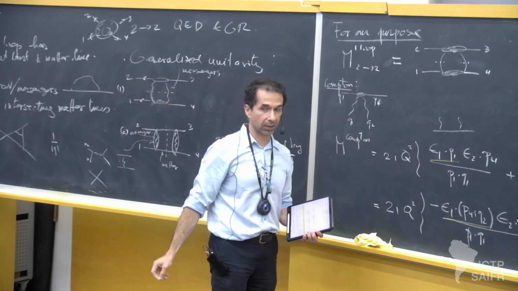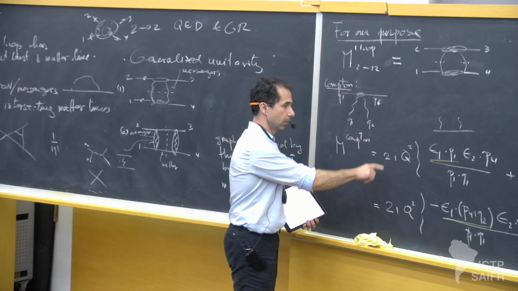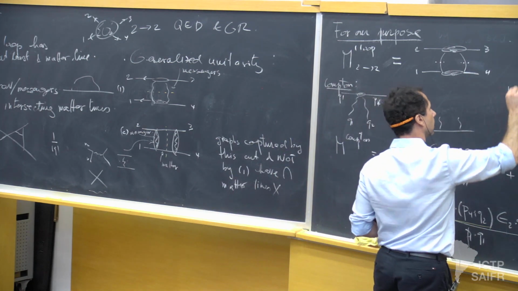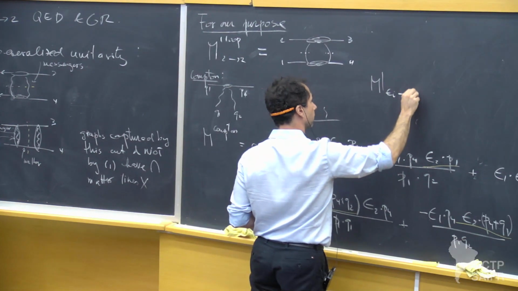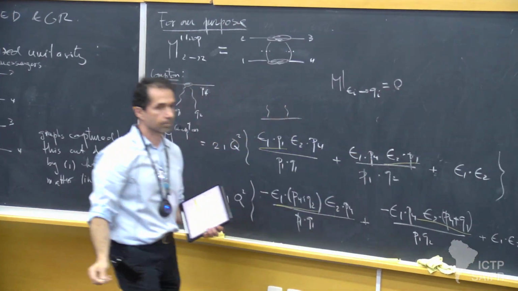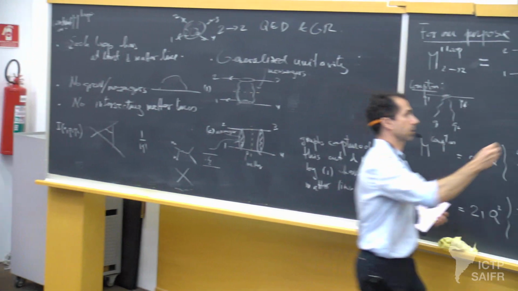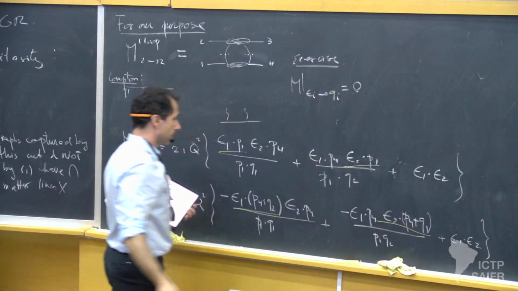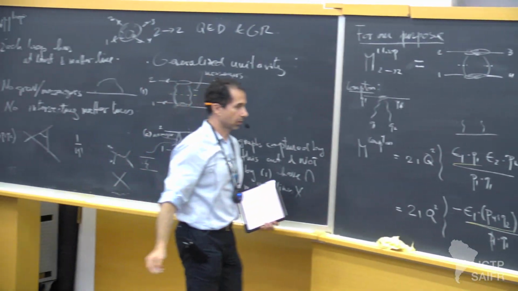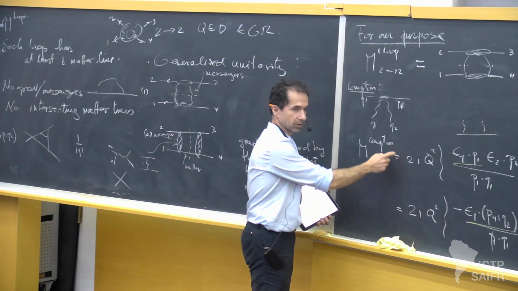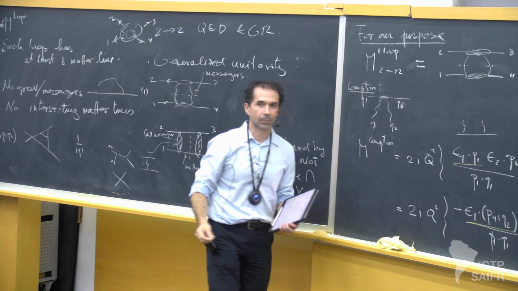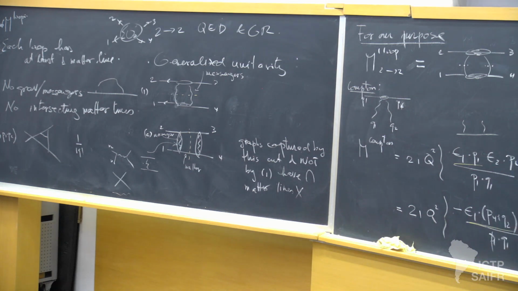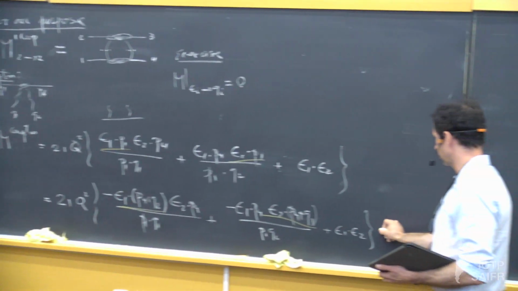The other part of the exercise will be to check their gauge invariance, meaning that M vanishes as epsilon i goes to Qi. So this is the exercise. The third part of the exercise is to notice why this one is better than that one. All right, anyhow, leaving the exercise aside, we have these, and I'm going to use this one.